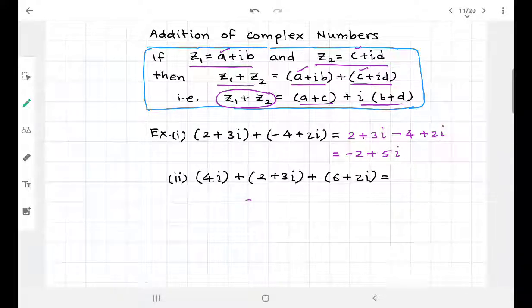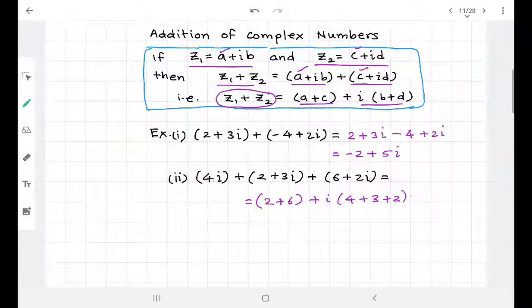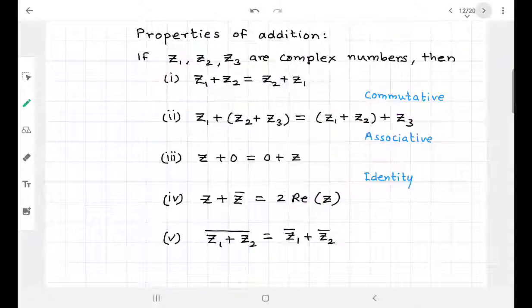Similarly, in the second example, real parts 0, जैसे there is no need to write, 0 का सम 0 ही होगा, तो 2 plus 6 plus iota into 4 plus 3 plus 2. Okay, I have written iota already. So that is equal to 8 plus 9 iota. So guys, this is very simple addition of two complex numbers.